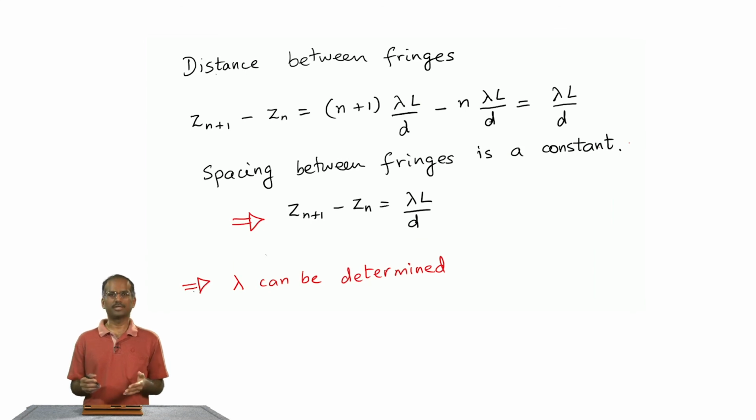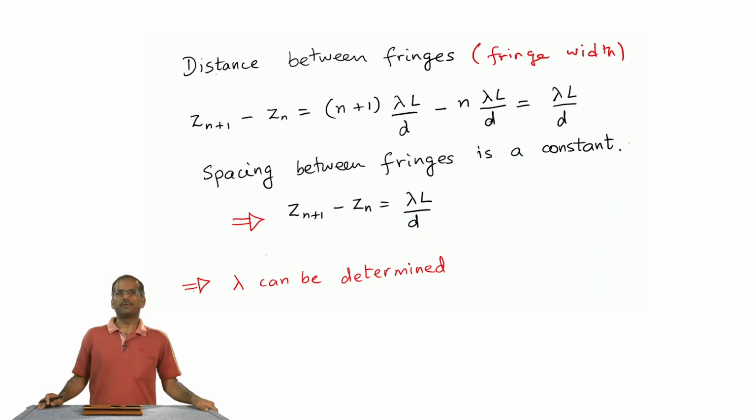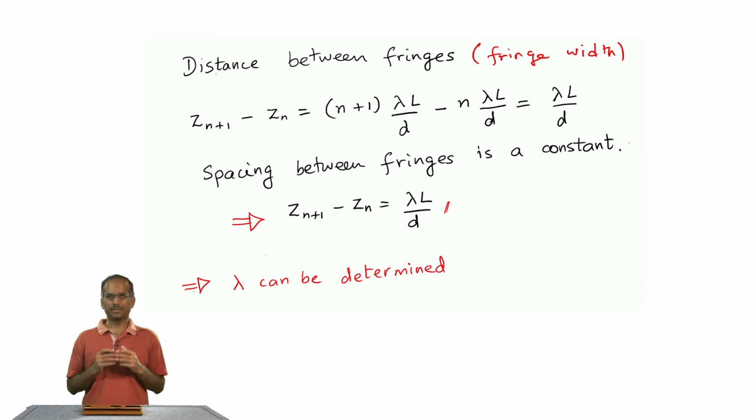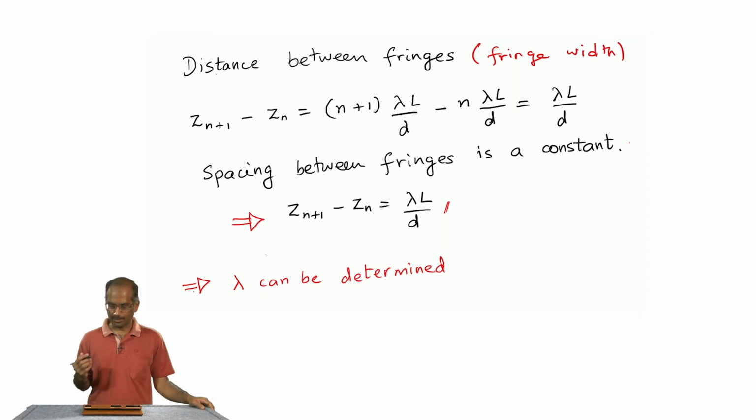So, just write out the expressions that we just derived, and you will notice that the difference is equal to lambda into L divided by d. So, the spacing between the fringes, as you can see, is a constant simply because the three factors which determine it are all constants.